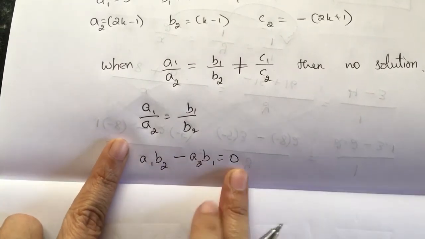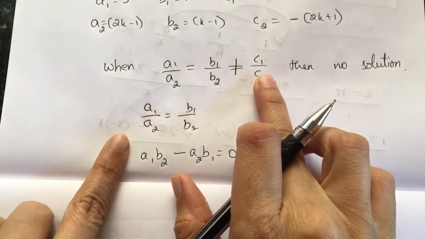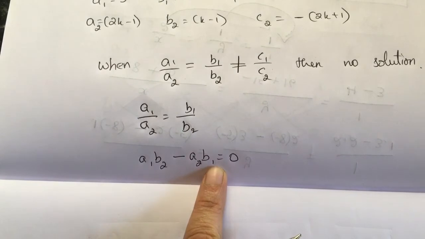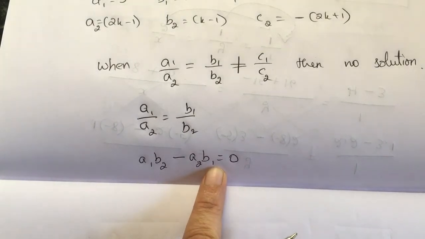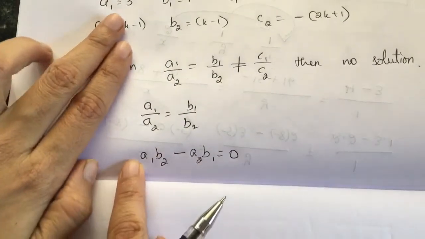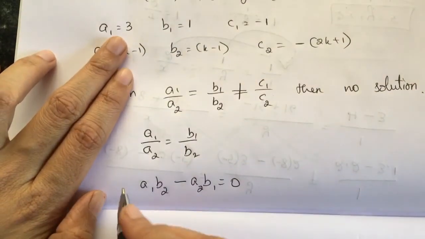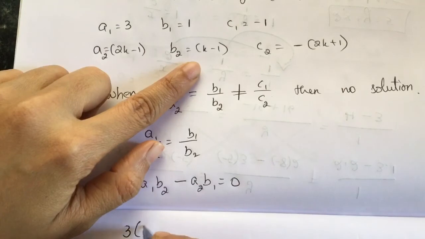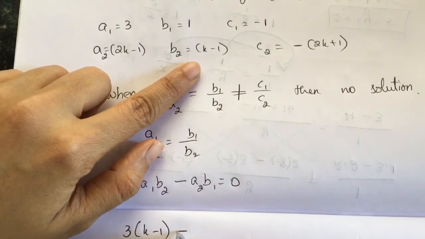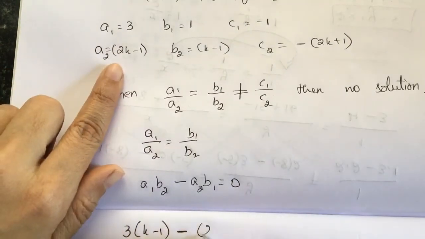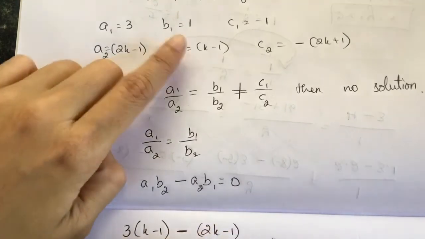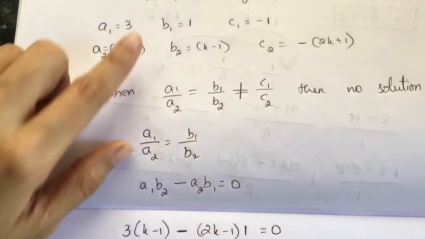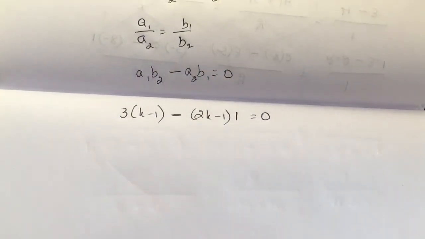This is true; the other part is not true, right? So when I take these two equal to 0, I get the value of k that I have to find. a1 is 3 over here, 3 into b2, b2 is k minus 1, minus a2, which is 2k minus 1, and b1 is 1. Just substitute that to get the value of k.